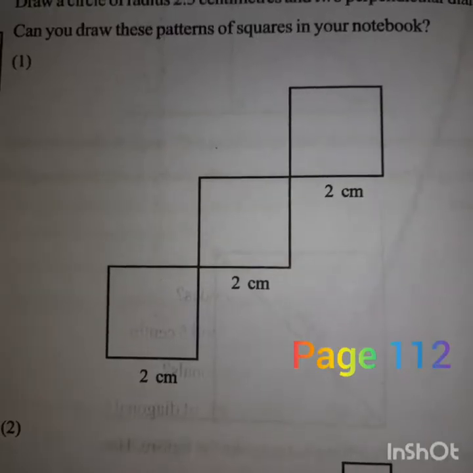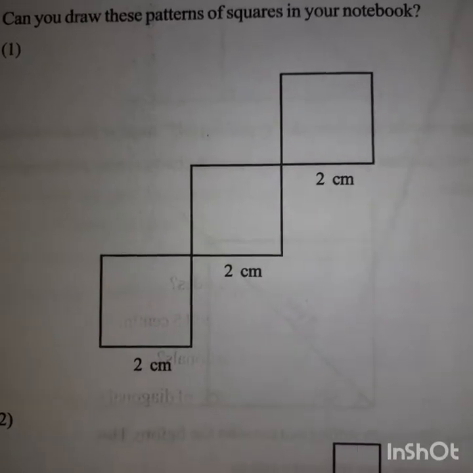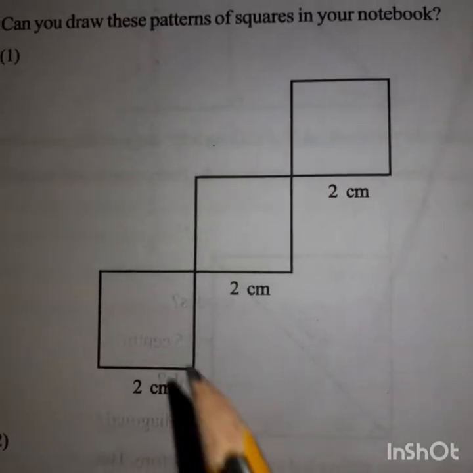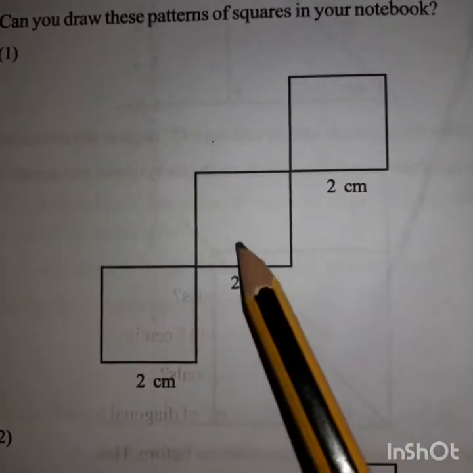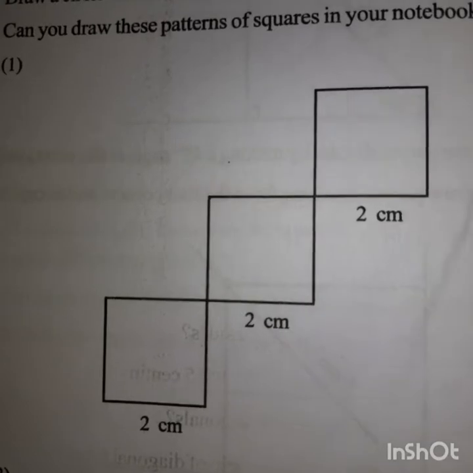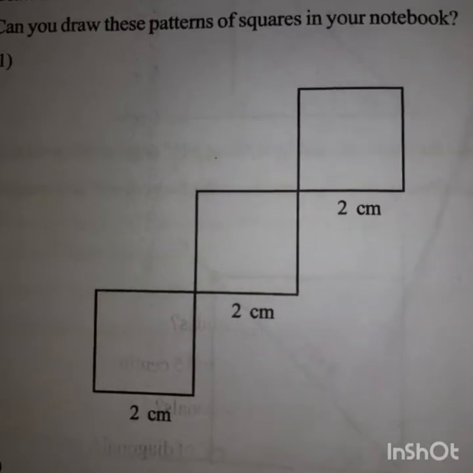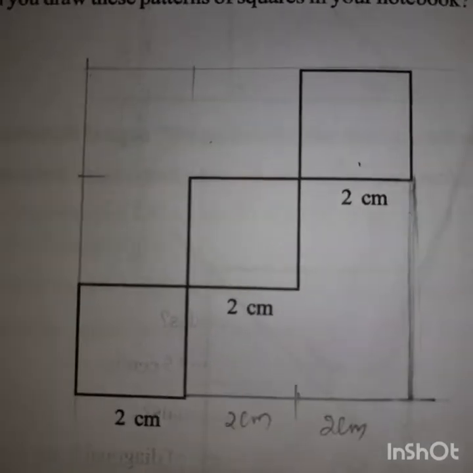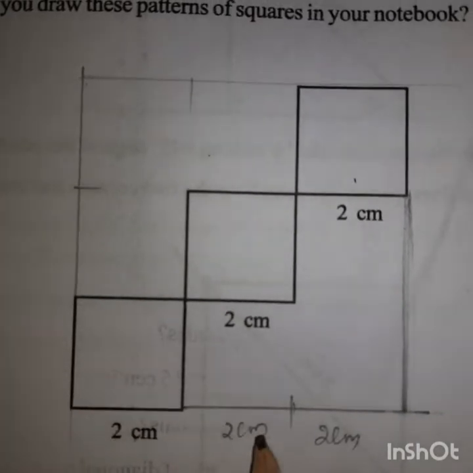Can you draw these patterns of squares in your notebook? You can see here 3 squares joined, and the length of the side of a square is 2 centimeter. So how can we draw these squares? If we extend this line, you can see 2 centimeter, 2 centimeter, 2 centimeter.